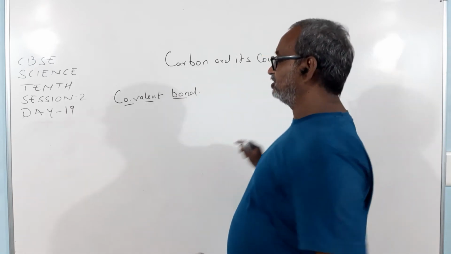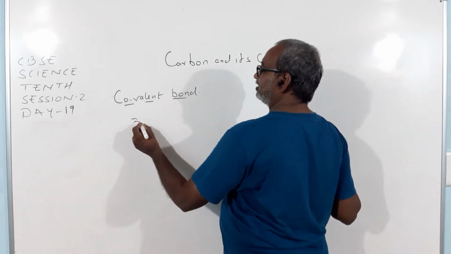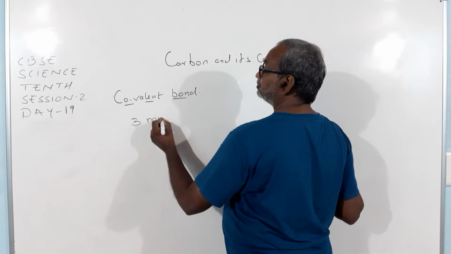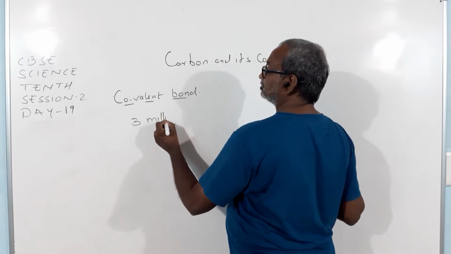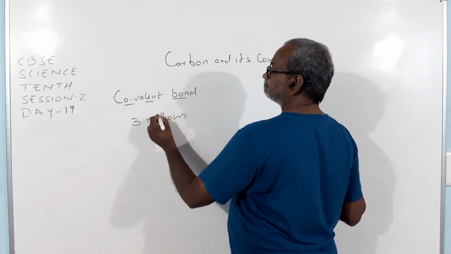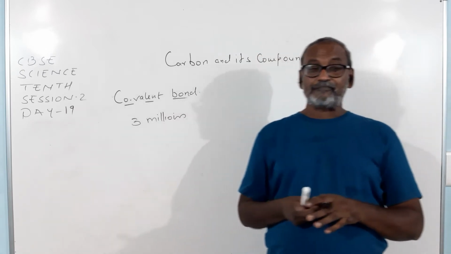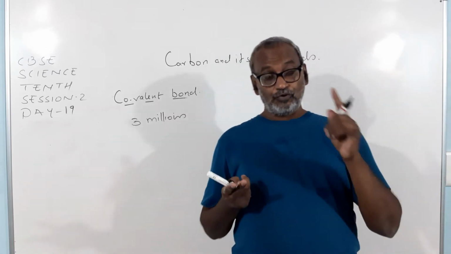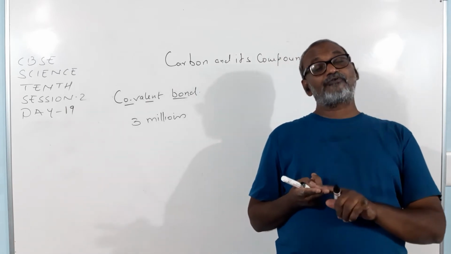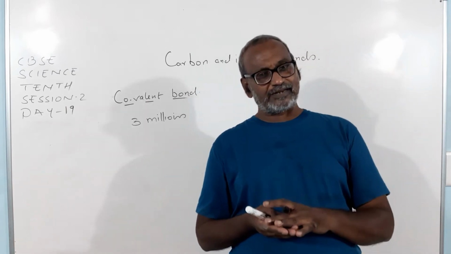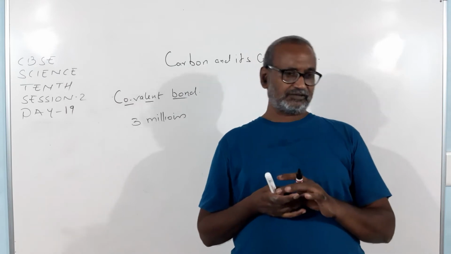The number is approximately 3 million. This is the number of the carbon compounds whose name and formulae have been determined by the chemist.